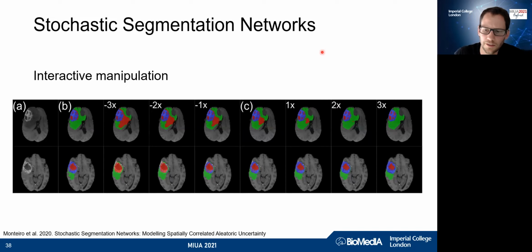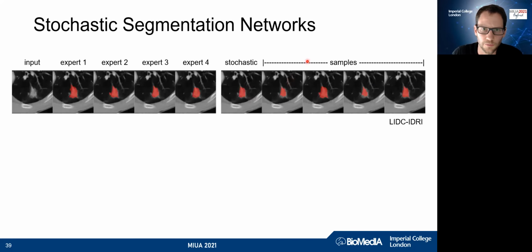But you can basically, a little bit similar to a PCA where you change the modes of variation, think of a slider that you would tune and interactively manipulate to change your output predictions. That might be actually a quite interesting application in settings like radiotherapy, where you have a human in the loop in the segmentation process. So the network produces something, and then afterwards you have a human expert being able to do some refinements on those predictions.